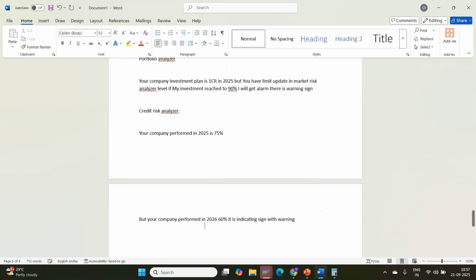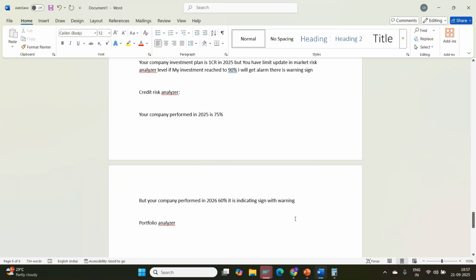Next, portfolio analyzer. Do you know what a portfolio is? Portfolio is generally about assets that you buy, right? Correct. Your company assets in 2025 are 100 crores, but your assets in 2026 are 50 crores.